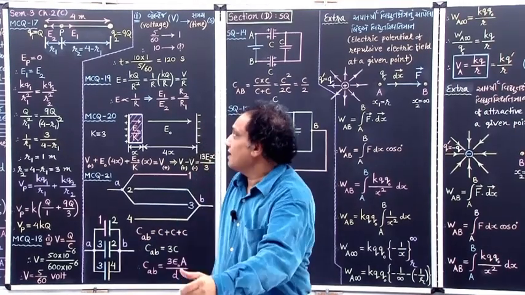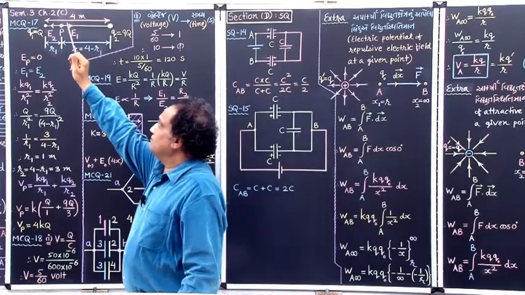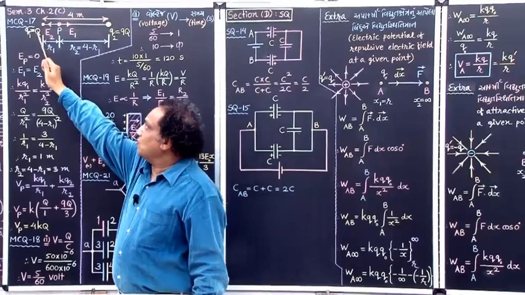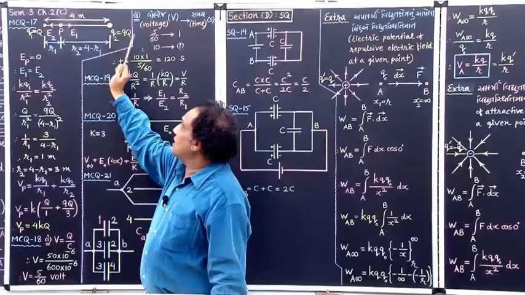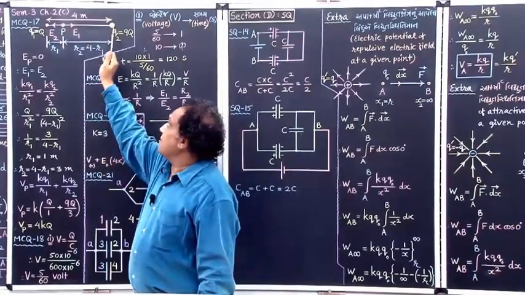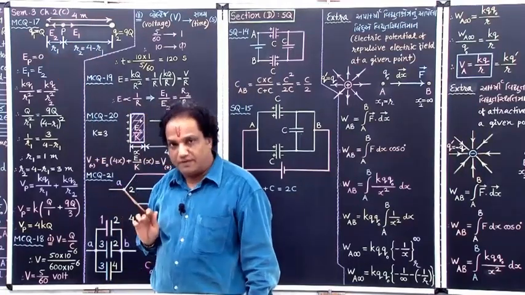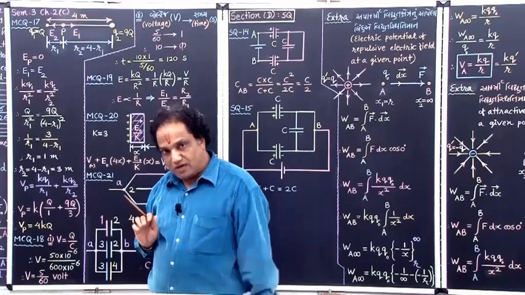Look, we have 2 point charges, capital Q and 9 into capital Q, separated by 4 meter distance. Okay?